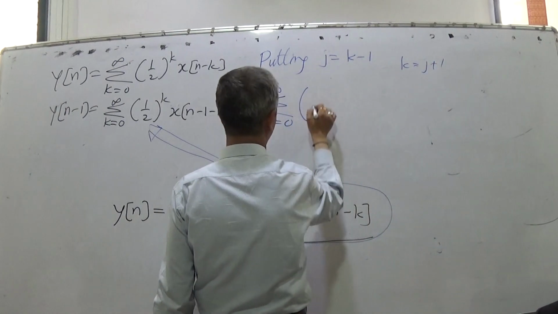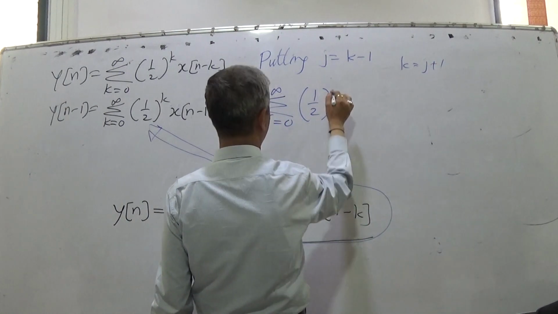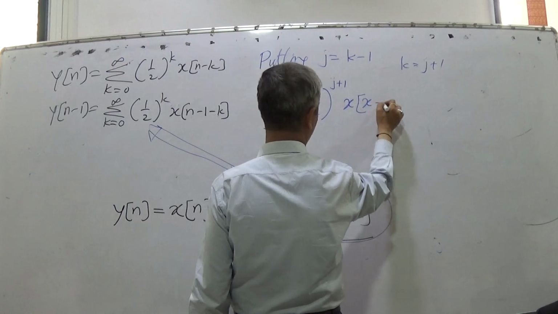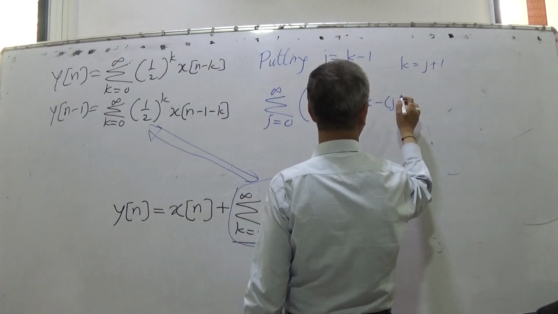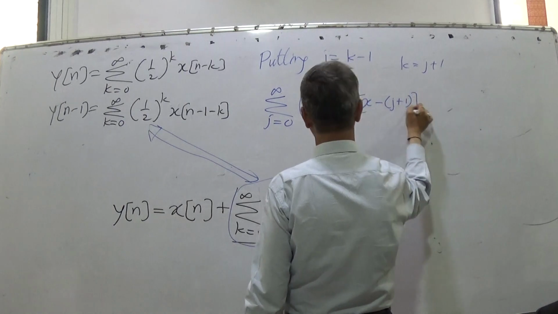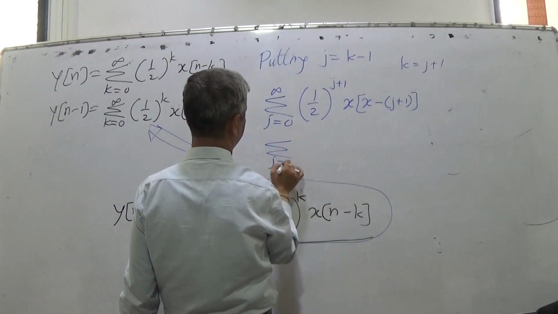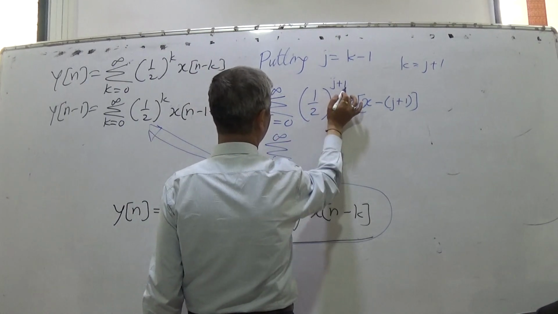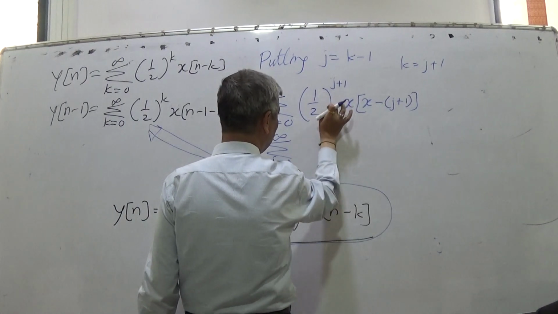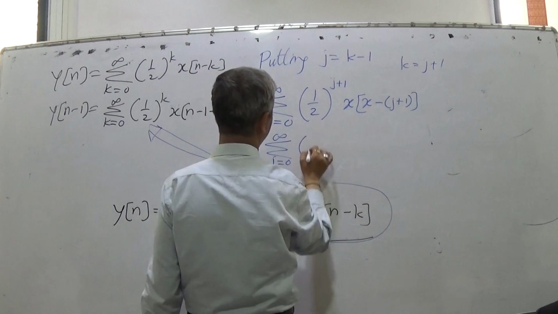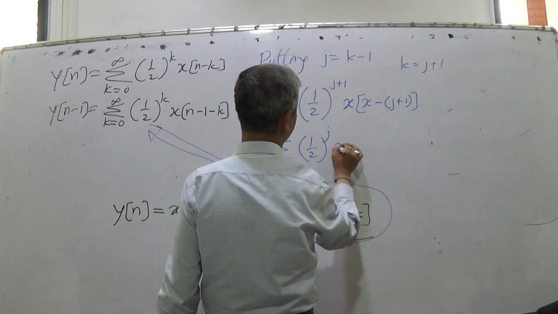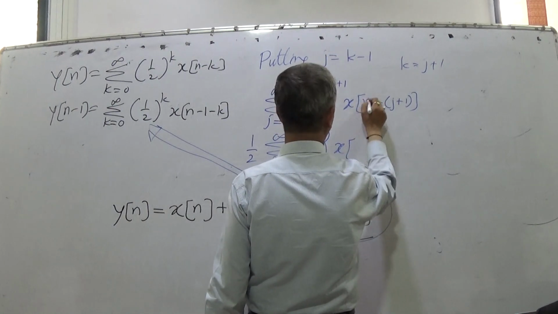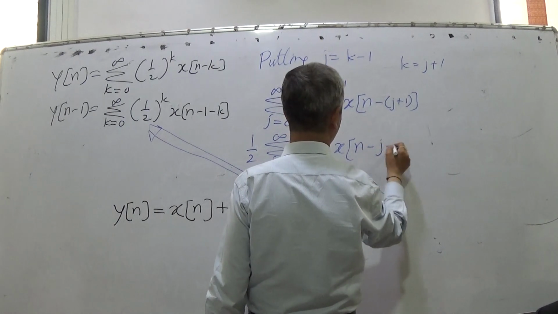So it is half raised to j plus 1, x of n minus (j plus 1). I write this again: j equal to 0 to infinity, half raised to j into half raised to 1. So this half comes out, half raised to j, x of n minus j minus 1.